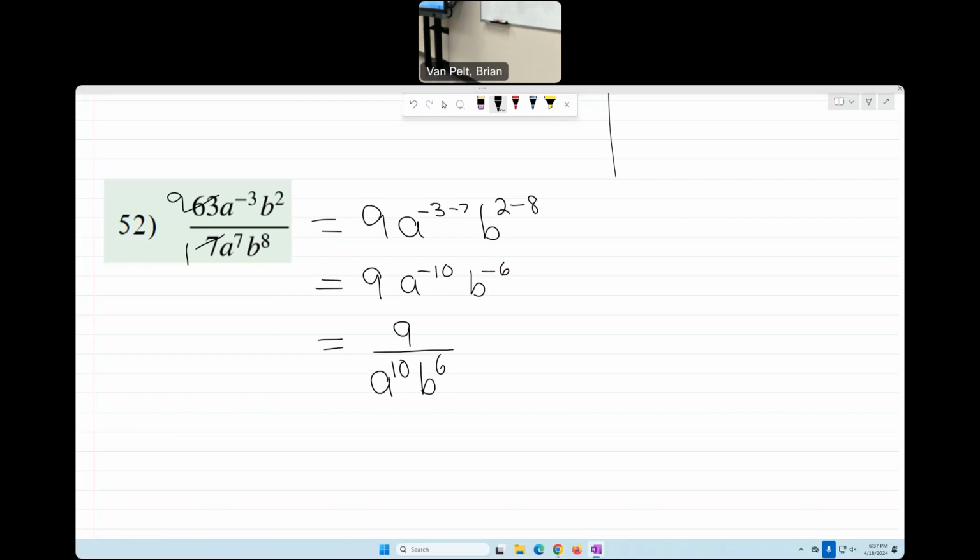So remember the one rule, you can live by this one rule alone. Actually two rules. If you have a to the n divided by a to the n, you can use just this one rule and then this rule. You can live just using those two rules for everything.